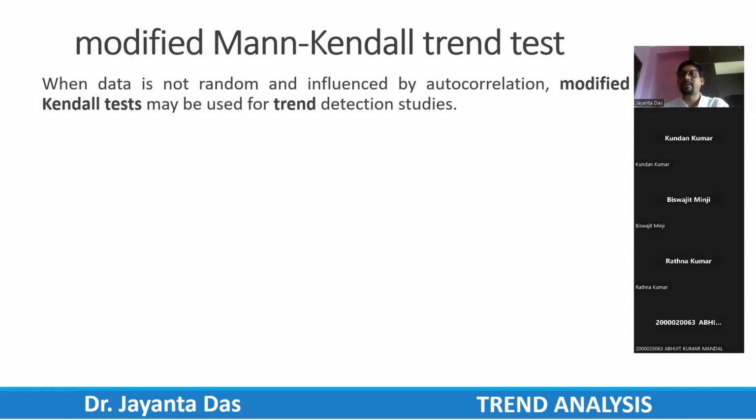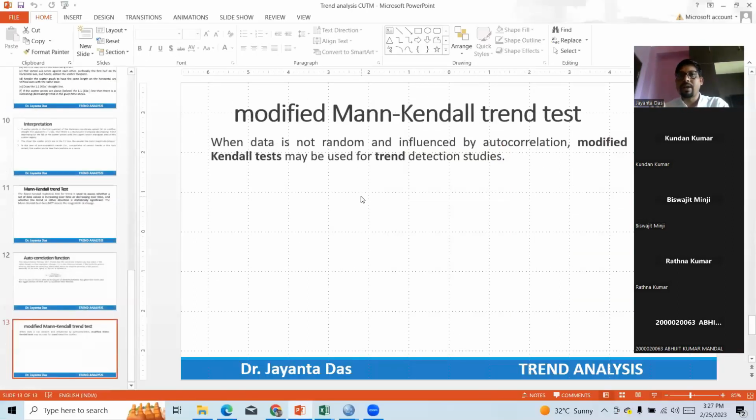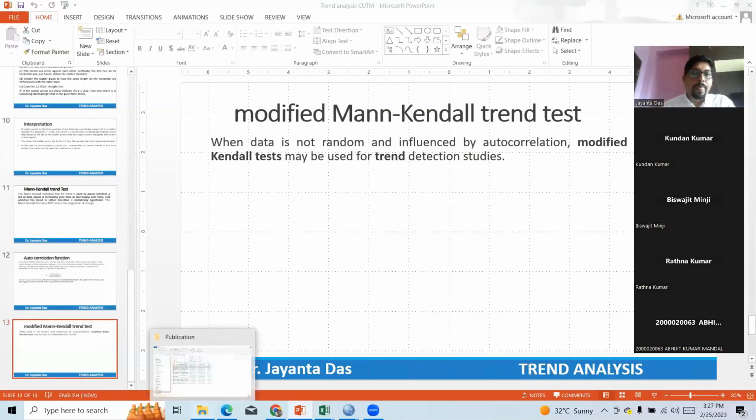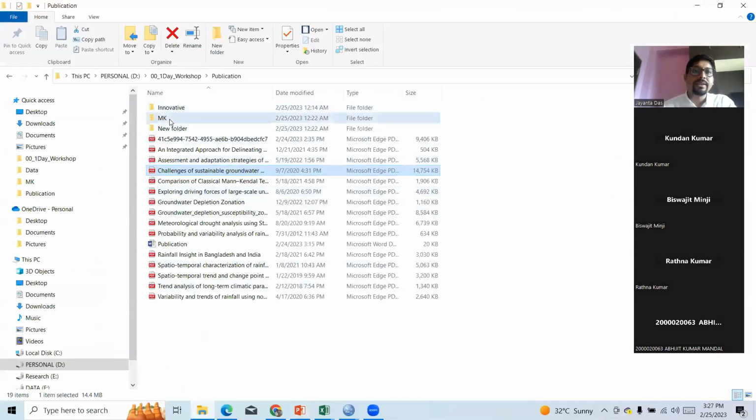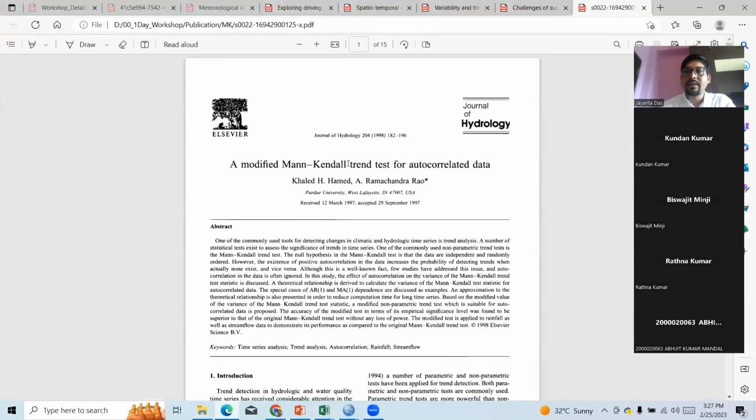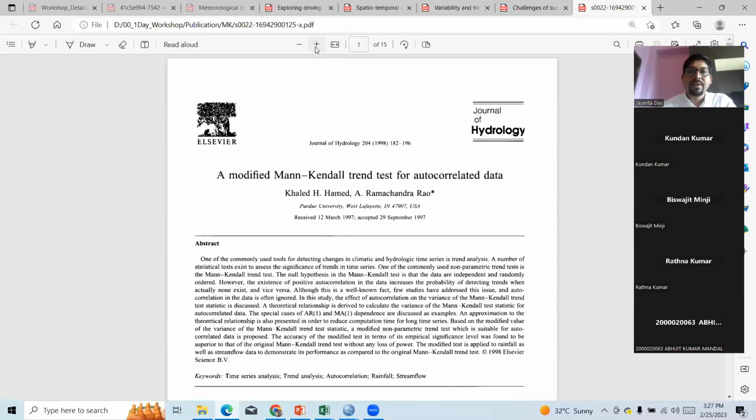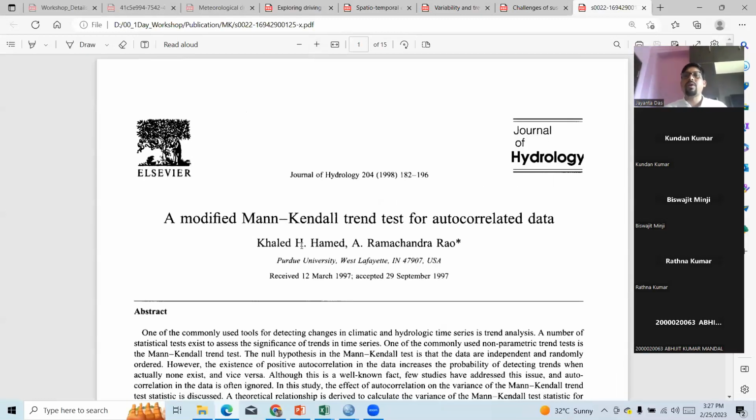That's why Hamed and Rao published a paper in 1998, a modified version of the Mann-Kendall test, in the Journal of Hydrology: A modified Mann-Kendall test for autocorrelated data. If the data is autocorrelated, then we have to use the modified Mann-Kendall test instead of the Mann-Kendall test. One question in the chat box.